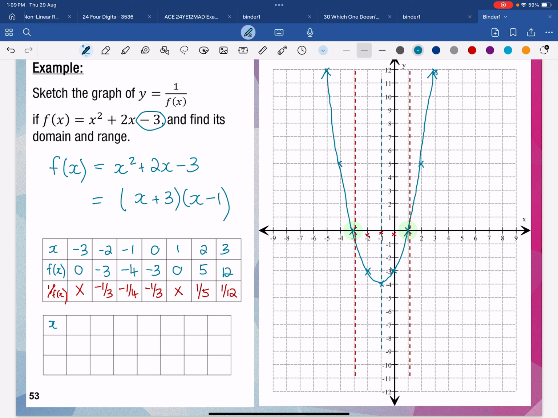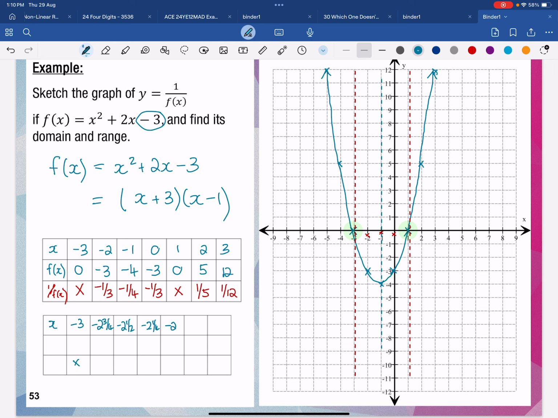I'm pretty confident between negative 2, negative 1 and 1. I'm going to have a look at what's happening between negative 2 and negative 3. So negative 3, I know. And let's do it in quarters. So let's make it negative 2 3/4, negative 2 1/2, negative 2 1/4, and negative 2.